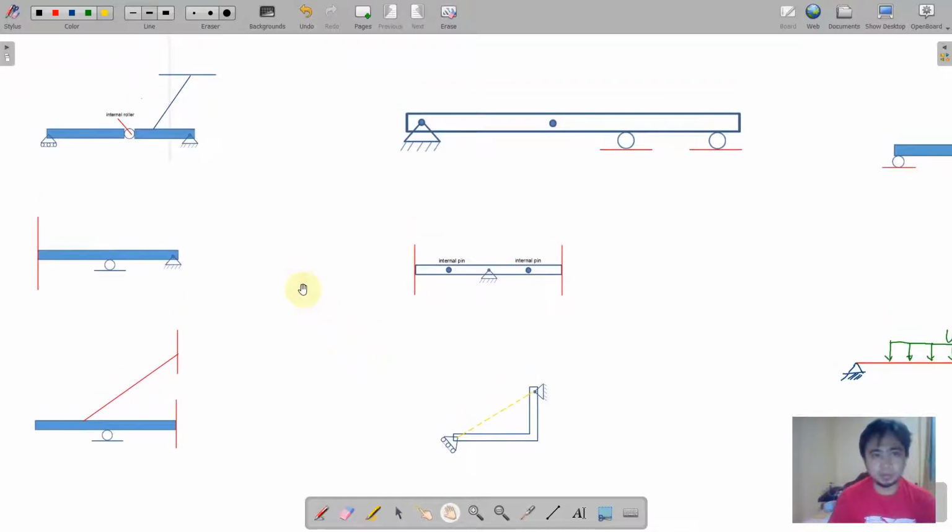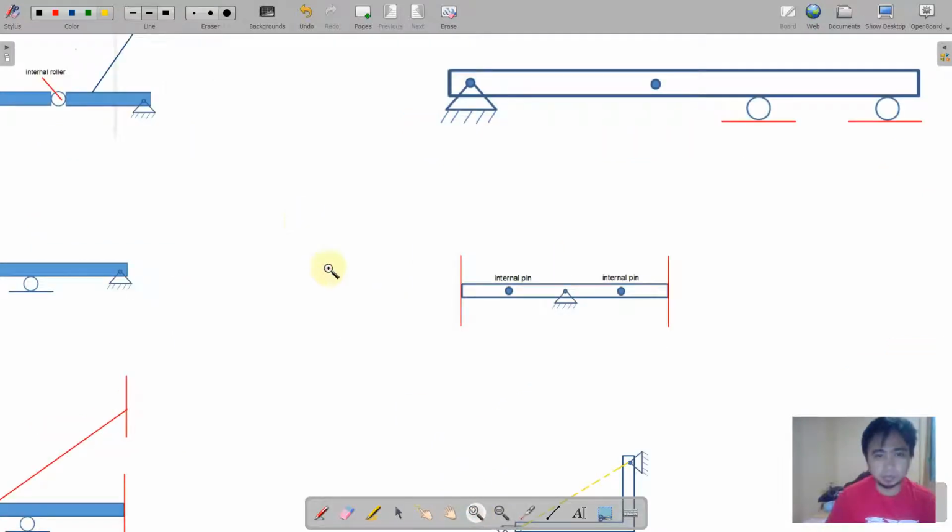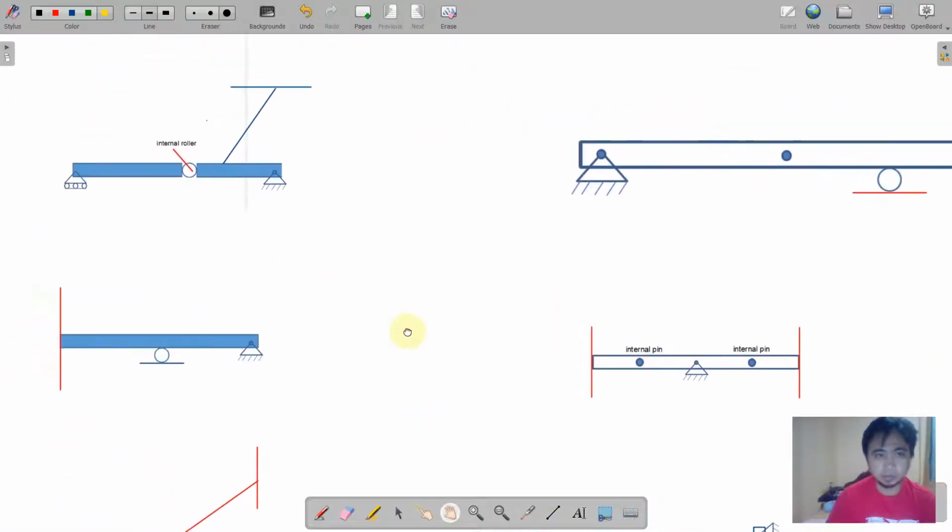So for this problem, starting with this one, for beam, we have to compare our R to C plus 3.